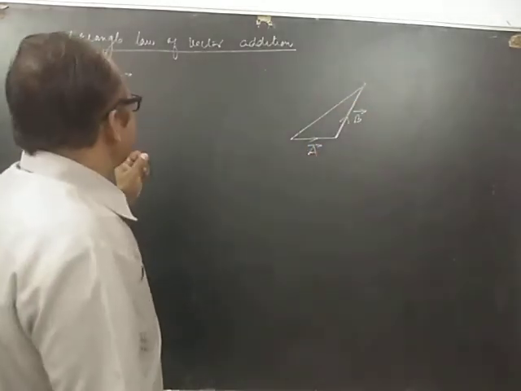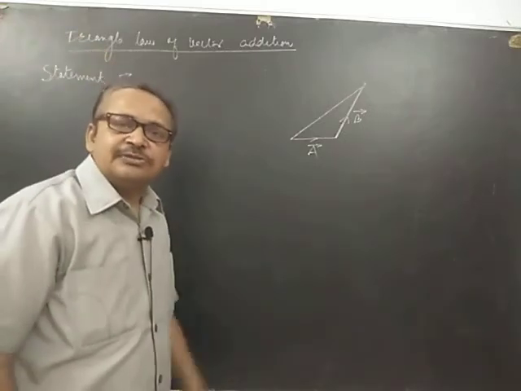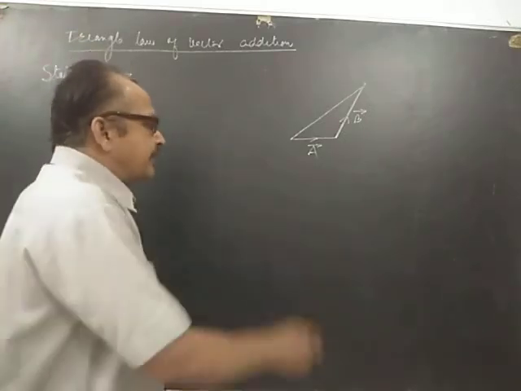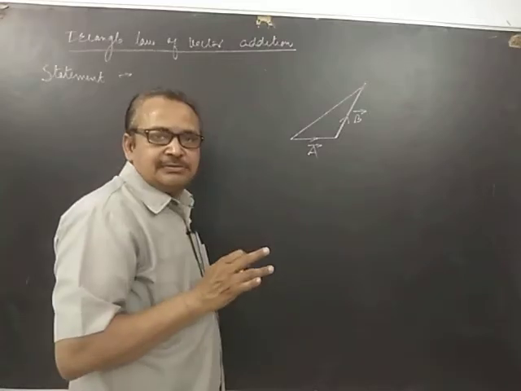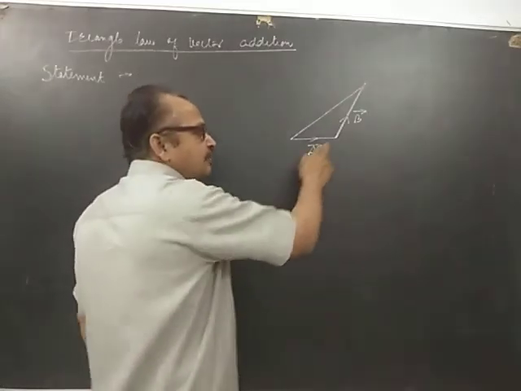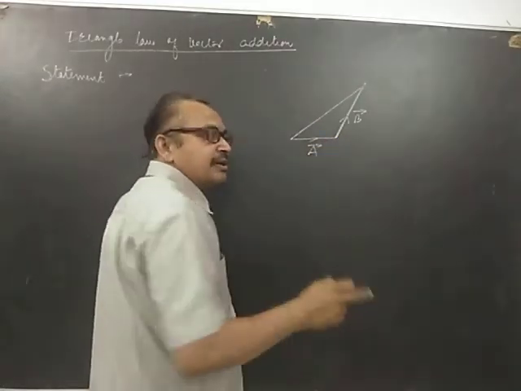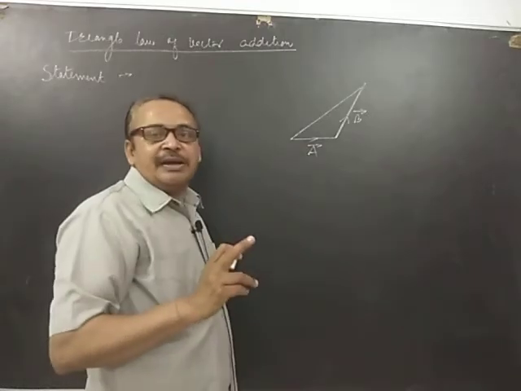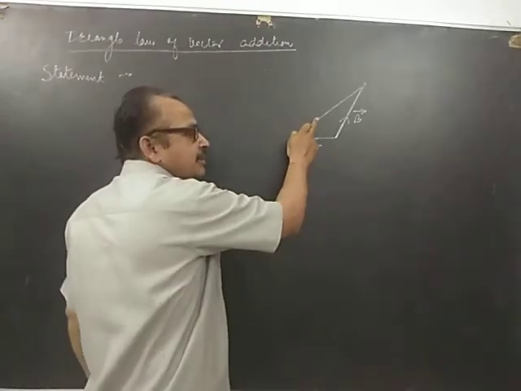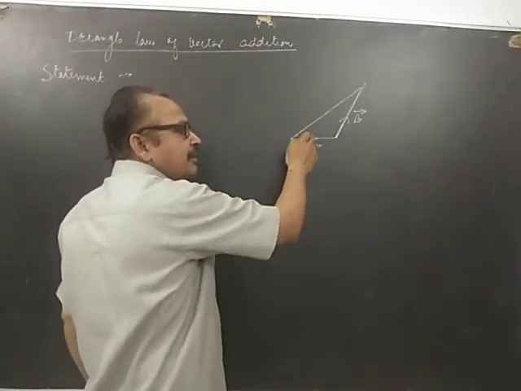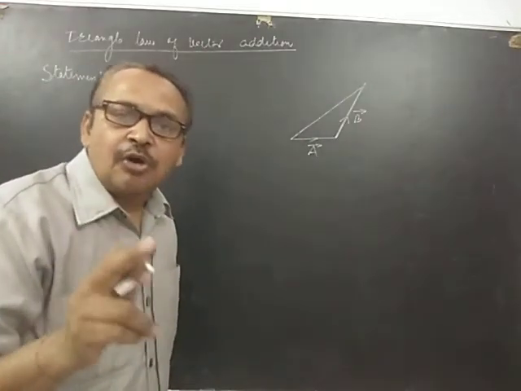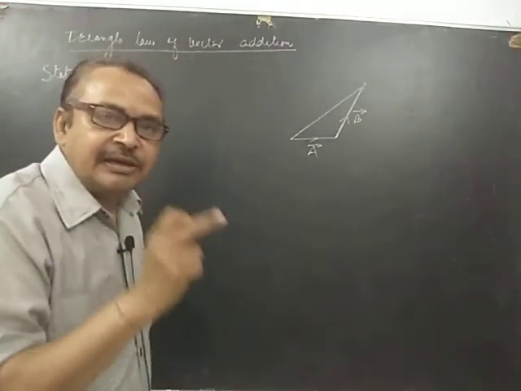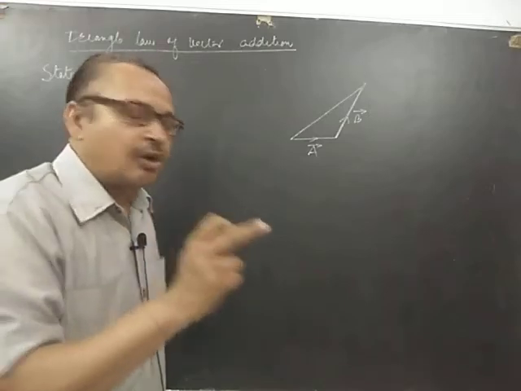Now, according to the triangle law of vector addition, what will happen? Its resultant, meaning the resultant of these two vectors, will be given by the third side of the triangle taken in opposite order. This is very important, taken in opposite order.